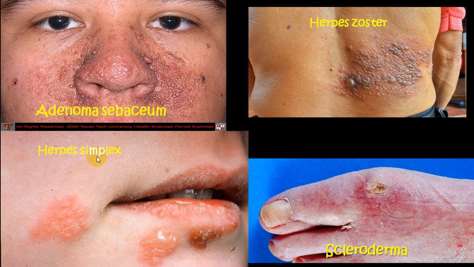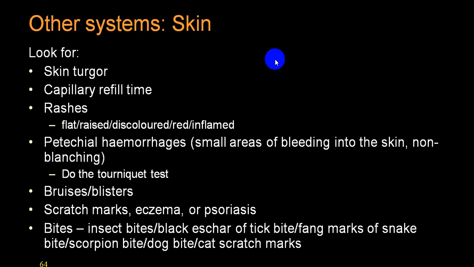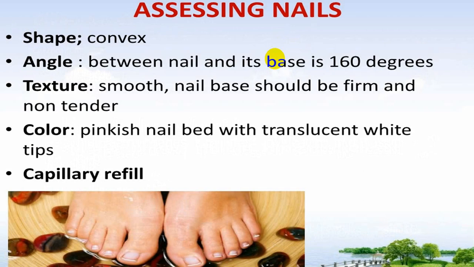Herpes simplex will also be pathological, and that can also produce damage to the brain. Scleroderma can also induce vascular pathophysiology and give rise to CNS damage. Then you can have hereditary sensory neuropathy, syringomyelia, then dermatographia. All this little idea, you can have advantage. So skin examination becomes very useful.